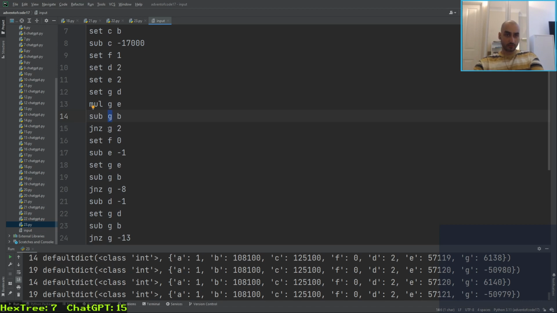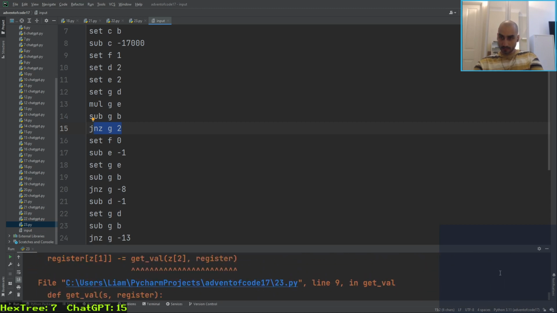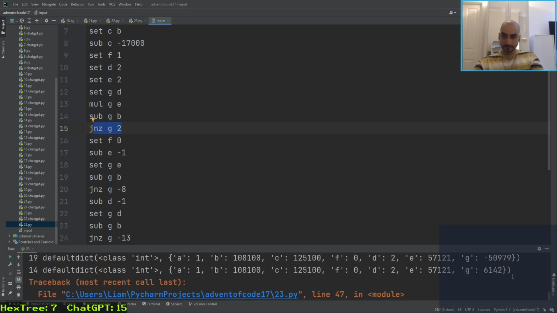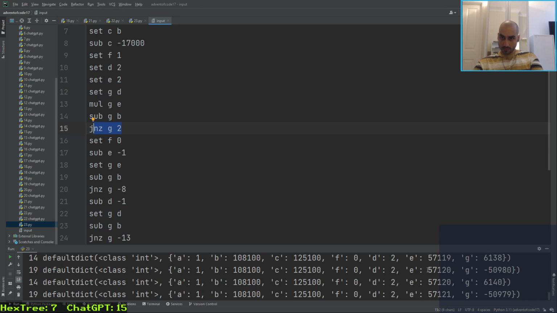So if G is 0, we do this line here, set F to 0. That seems to be important, because this G is sort of never 0. But G is decreasing, so eventually that will happen. Huh.